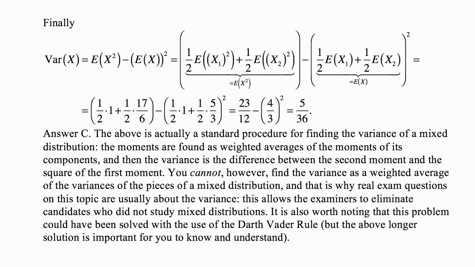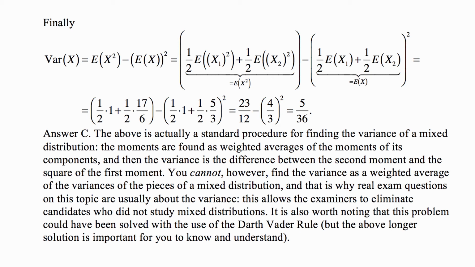So it's 1/2 E of X1 squared plus 1/2 E of X2 squared for E of X squared. And the first moment is 1/2 E of X1 plus 1/2 E of X2. We just calculated all those, so we plug them in, and we get 23 over 12 minus (4/3) squared, so it's 5 over 36. This is answer C.